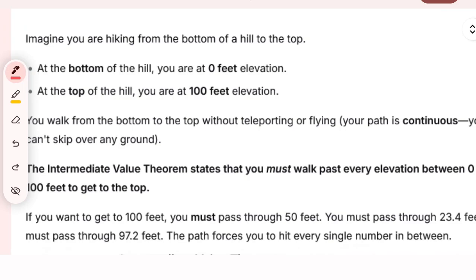You start your hike from the foot of the hill. At the top of the hill, you are at 100 feet elevation. So the bottom is 0, and the top of the hill is 100 feet.